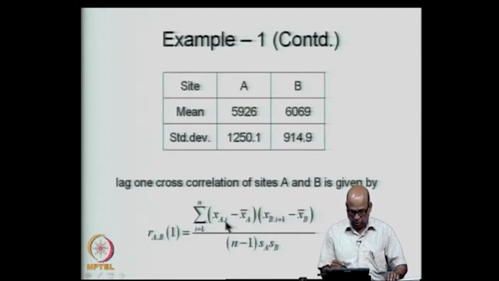So, if we are looking at ith time step, you take the I plus 1th time step on the data on B, and this is the mean of flows at B, mean of flows at A, which are obtained here from the data, and this is the standard deviation at A and standard deviation at B. So, this is what we use and compute the lag 1 cross correlation between the flows at site A and the flows at site B.